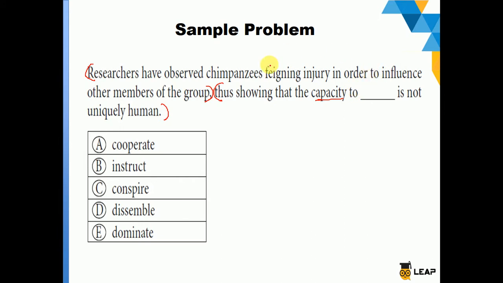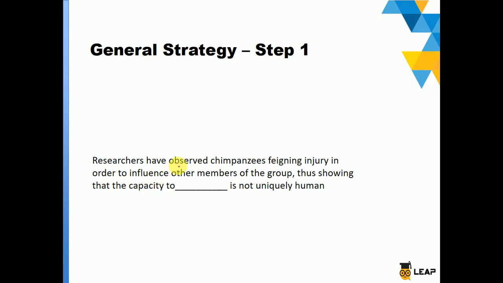We're not going to look at the answer choices just yet, because step 1 of the general strategy is to read only the sentence. So what is the sentence? Let's read it one more time. Researchers have observed chimpanzees feigning injury in order to influence other members of the group, thus showing that the capacity to dash is not uniquely human.